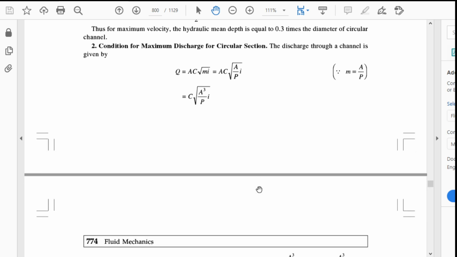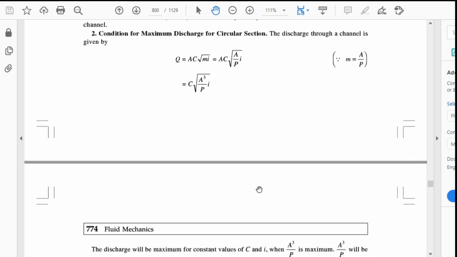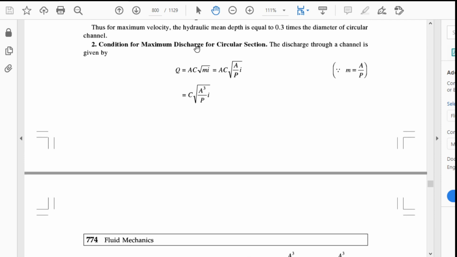Firstly, you have to remember the value of theta for maximum velocity and for maximum discharge. As we have done the procedure for maximum velocity, the same procedure we have to do here for the maximum discharge. Here, as this is the maximum discharge, the expression for Q should be taken.